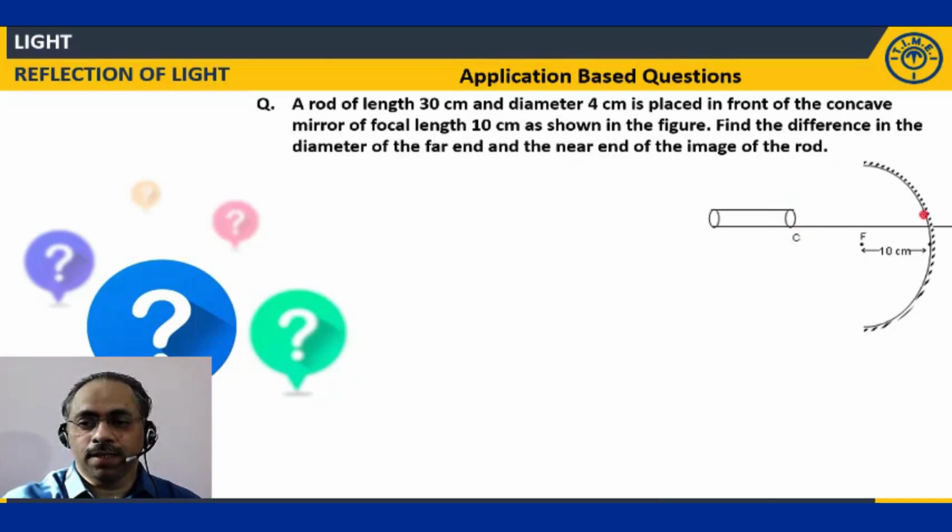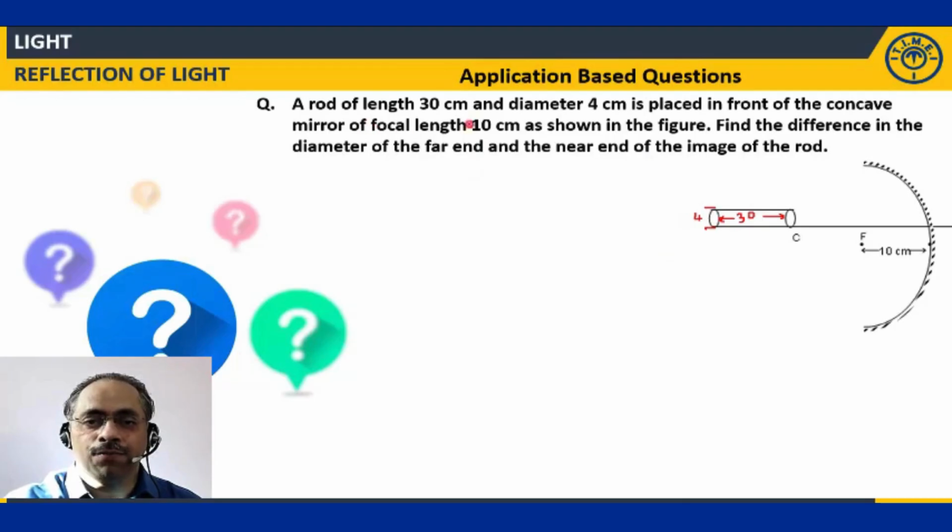See, in this particular image, I have a concave mirror, that is clear. Focal length is given as 10 centimeter. Length is 30 centimeter, I'm not writing the units. Diameter is given as 4 centimeter.